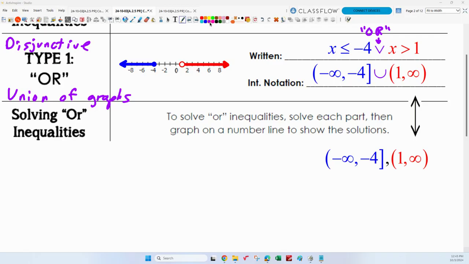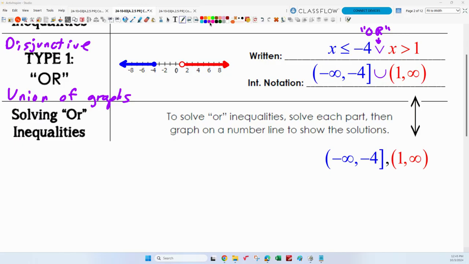X is greater than 1, well, that would give us an open endpoint because it does not include an equal sign, and we want the values greater than, or to the right of, 1. The or inequality just graphs everything. You just add all the graphs together, so we get both of those combined as our or inequality graphed, right?